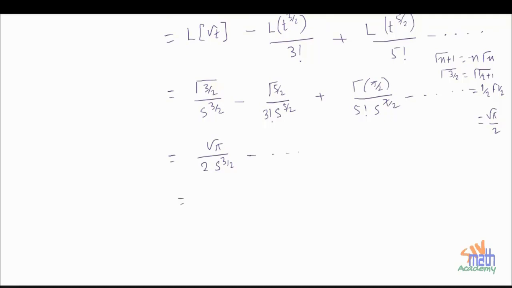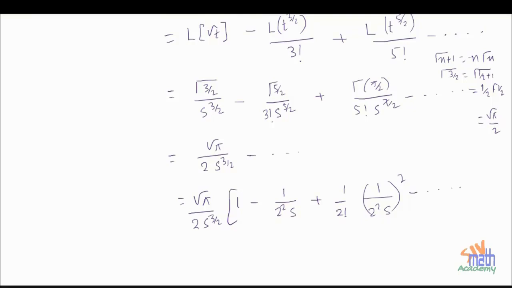You can write it like this. This is root pi upon 2 times s power 3 by 2. You can take it as a common factor. It will be 1 minus 1 upon 2 square into s, plus 1 upon 2 factorial into 1 upon 2 square into s the whole square, and minus dot dot dot, like this it will go.